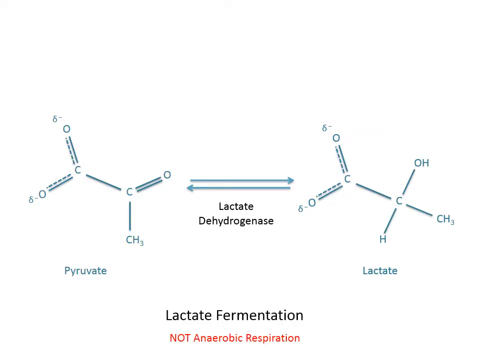So the general reaction of lactate fermentation is pyruvate is transformed into lactate. And in the process we consume one NADH, which was a product of glycolysis, and we make an NAD plus and a proton. So we're regenerating that NAD plus that we used during glycolysis.